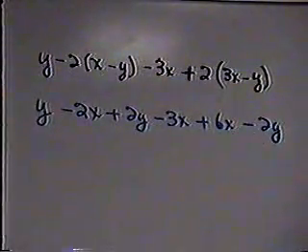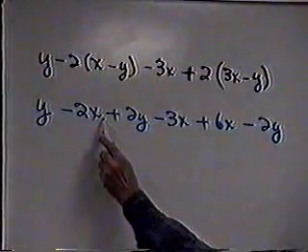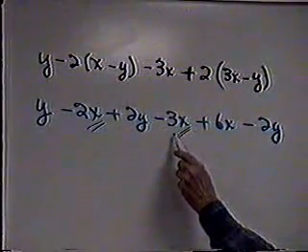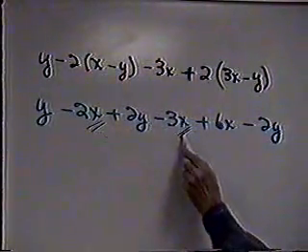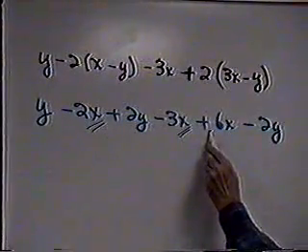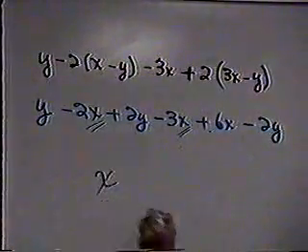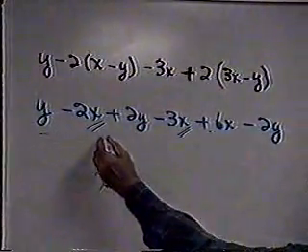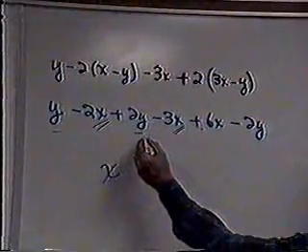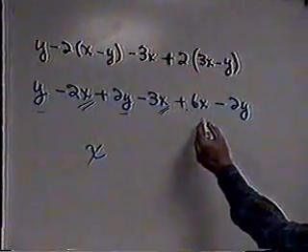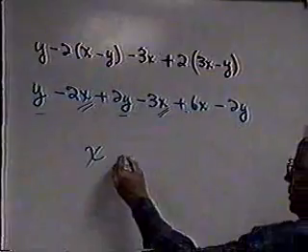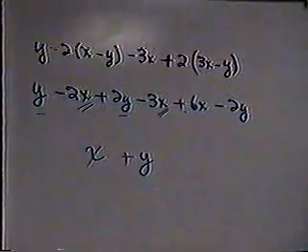Now we add apples to apples. All right. X's, what do we have? We have a minus 2 of them. A minus 3, that's a minus 5, adding minus 5. And a plus 6 is a plus 1 of those. Then adding y's, we have 1 plus 2, that's 3 of those. Minus 2 is 1. So we get just plus y.